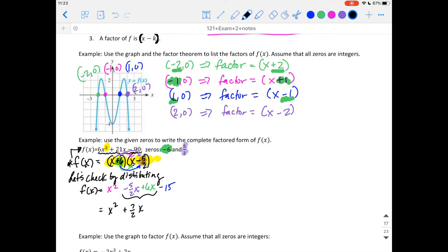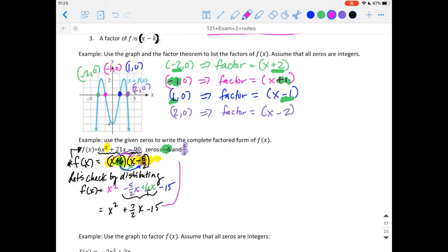Here it's going to be plus 7/2 x. Technically, the 6 is over an understood 1, so the denominator has to be a 2. I multiply the 6 times the 2, which is 12, minus the 5 gives me the 7. And this is going to be minus 15.